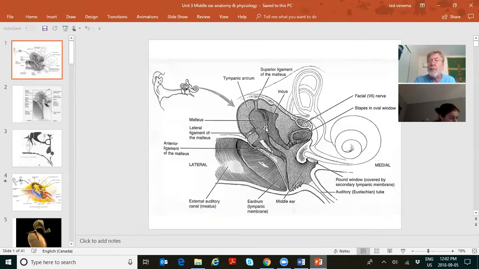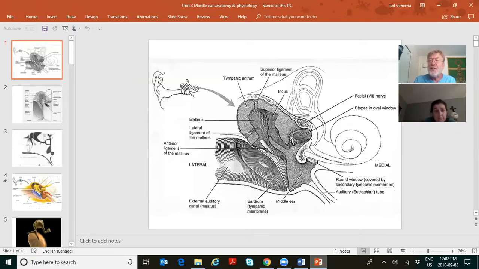And then this is the hammer part. So the manubrium is the handle, and this is the hammer part. This whole bone, the malleus. The incus is the second bone. It has two parts. It has a short process and a long process. Short process, long process. And now look at the stapes.